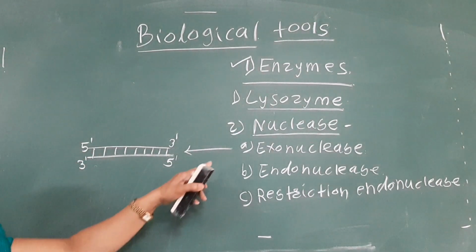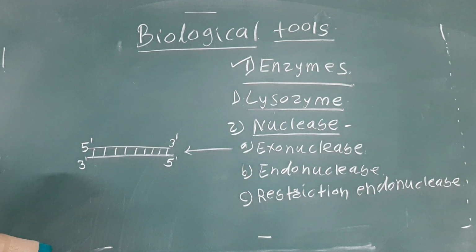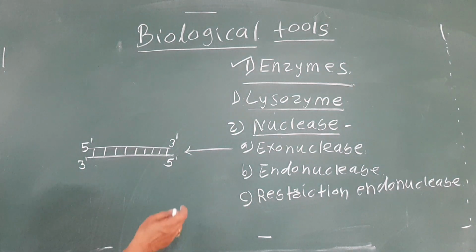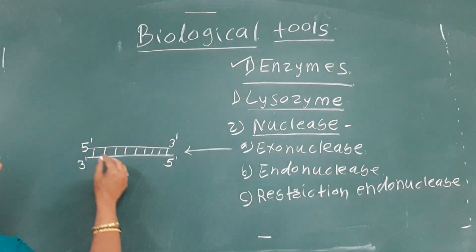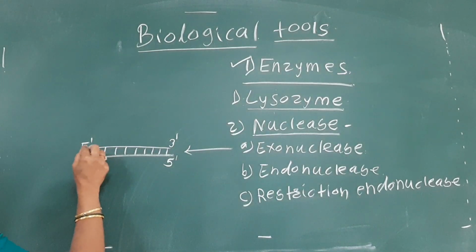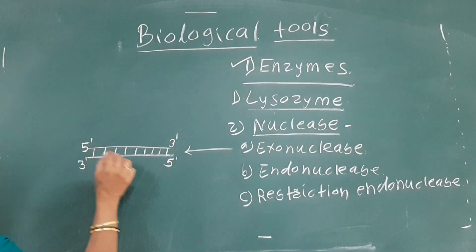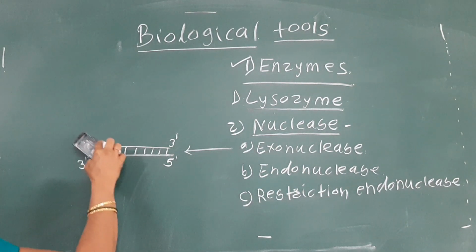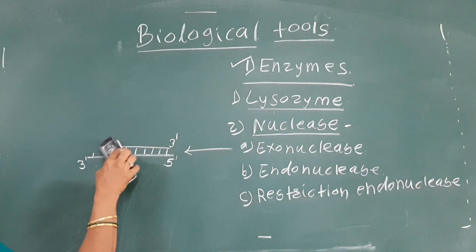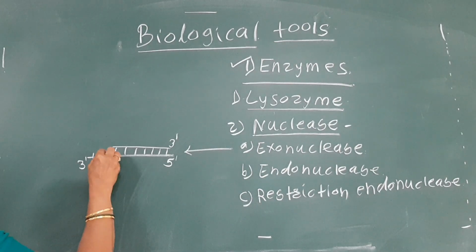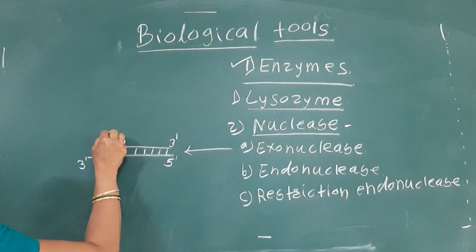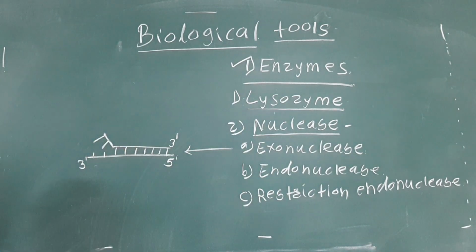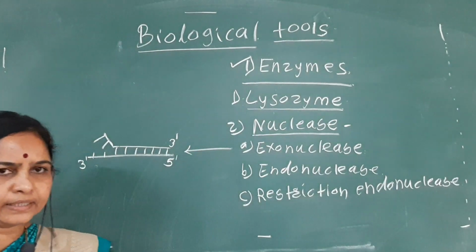The exonuclease enzyme cuts the DNA molecule only from these ends, from the 5' end or from the 3' end. When the DNA is cut, the phosphodiester bond is cut, and the DNA is cut like this. So it is the exonuclease enzyme.